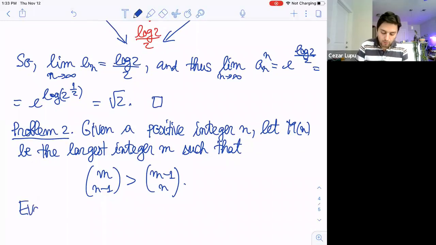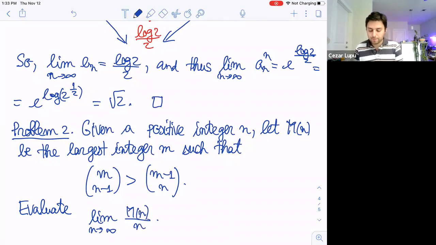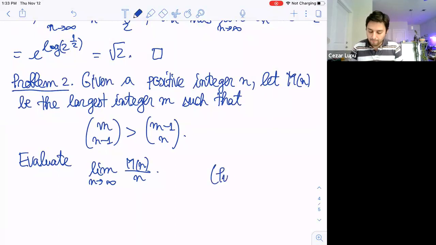And now we're asked to evaluate the limit as n approaches infinity of m of n over n. So this was a Putnam A2 in 2016.